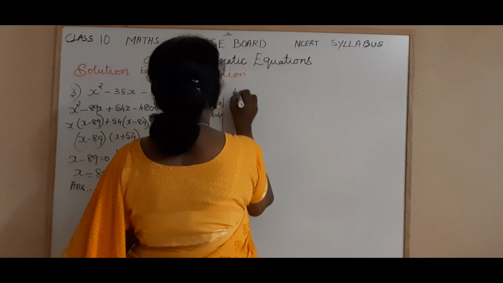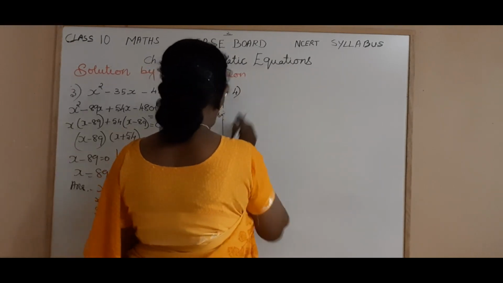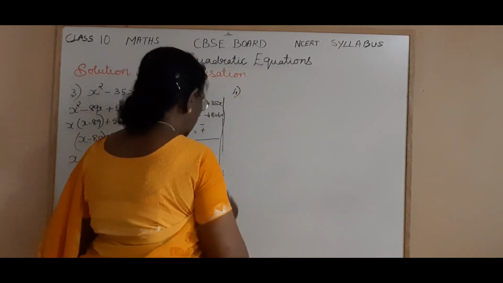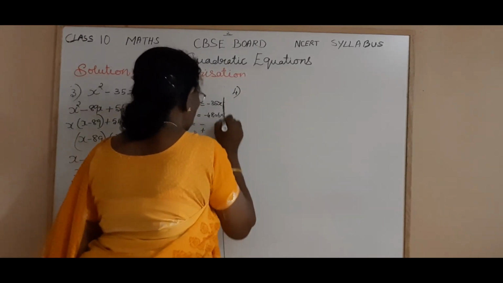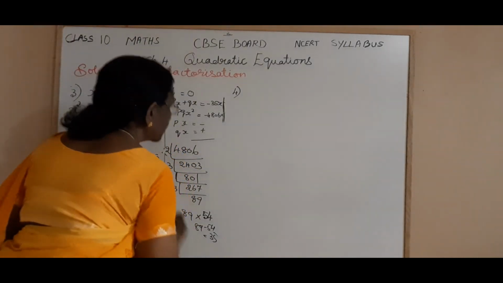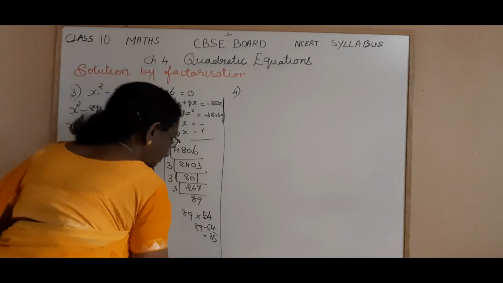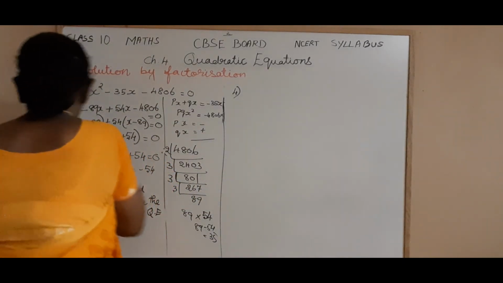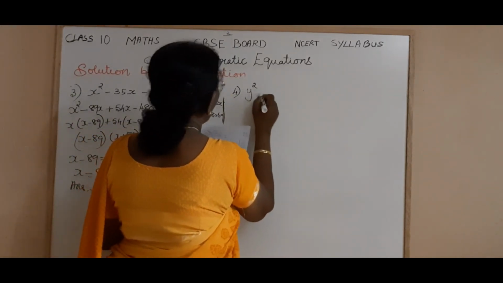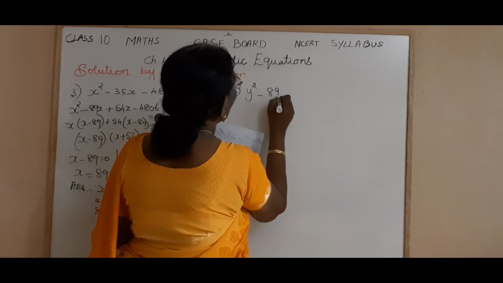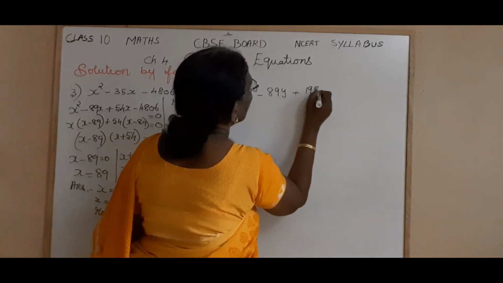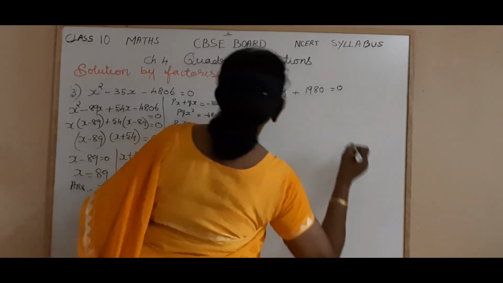Sum number 4. y squared minus 89y plus 1980 is equal to 0.